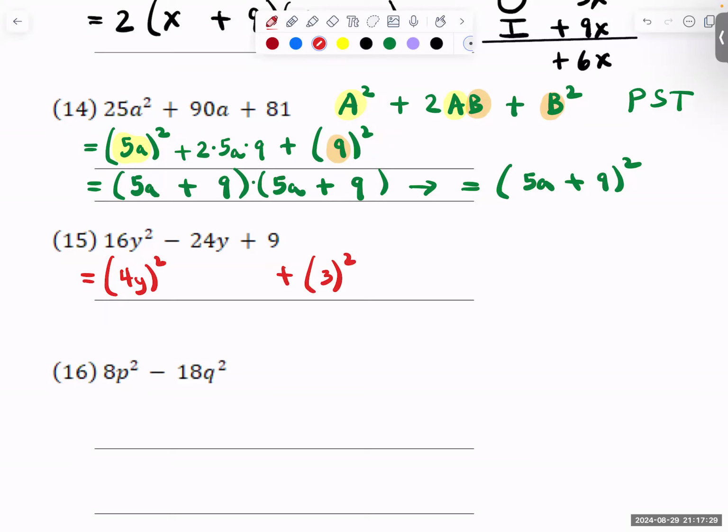And the formula for the perfect square trinomial with the minus is A squared minus 2 times A times B plus B squared. Therefore, capital A is 4y, and B is 3.